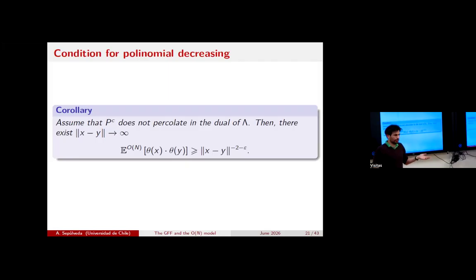We are trying to recover this Patrascu-Seiler argument, where we say there are two options: either P complement does not percolate, meaning the points that hit 0 are not everywhere, then we are good.